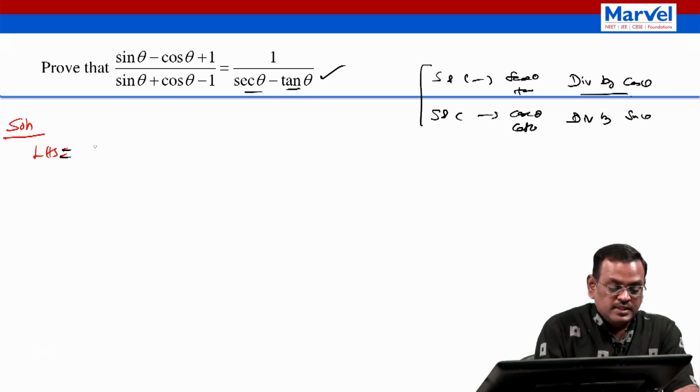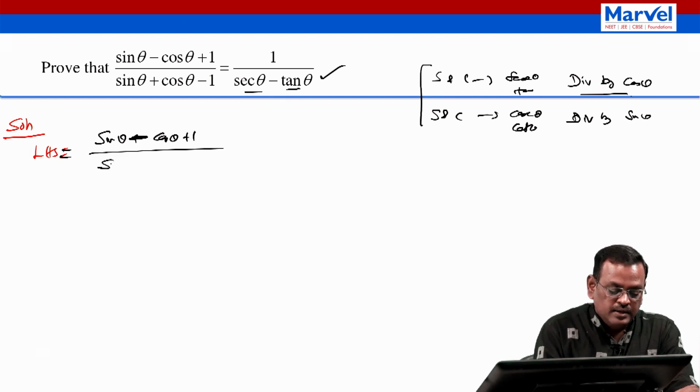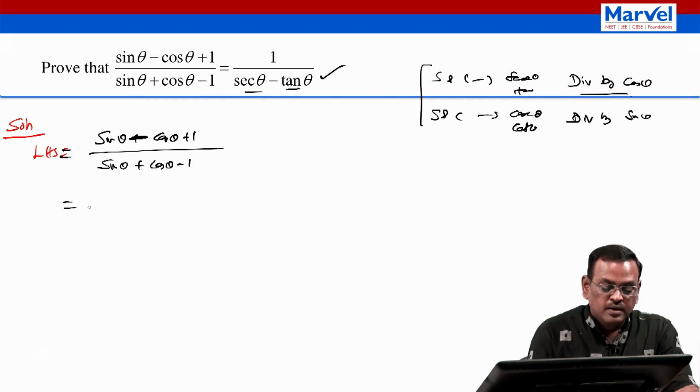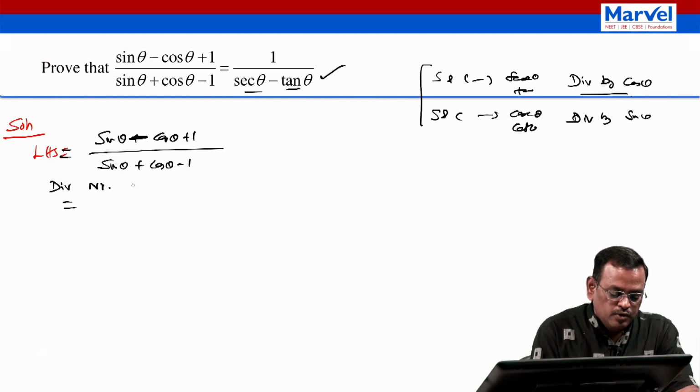So what is LHS now? Sin theta minus cos theta plus 1 by sin theta plus cos theta minus 1. So divide numerator and denominator by cos theta.